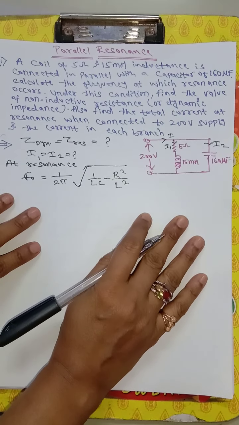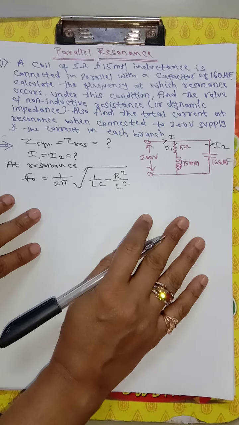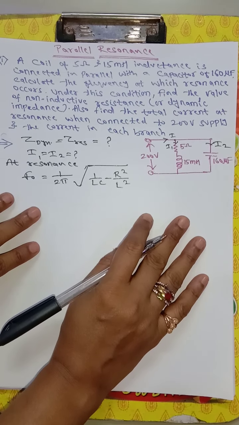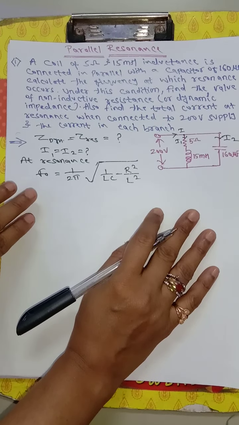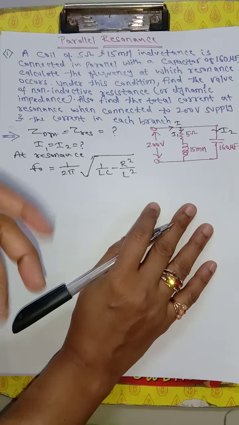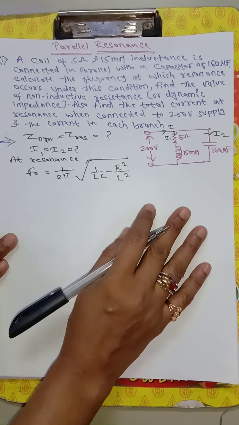In previous cases we observed the resonance frequency was 1 by 2 pi root of LC, but here the resonance frequency will be different depending upon the type you are going to use.